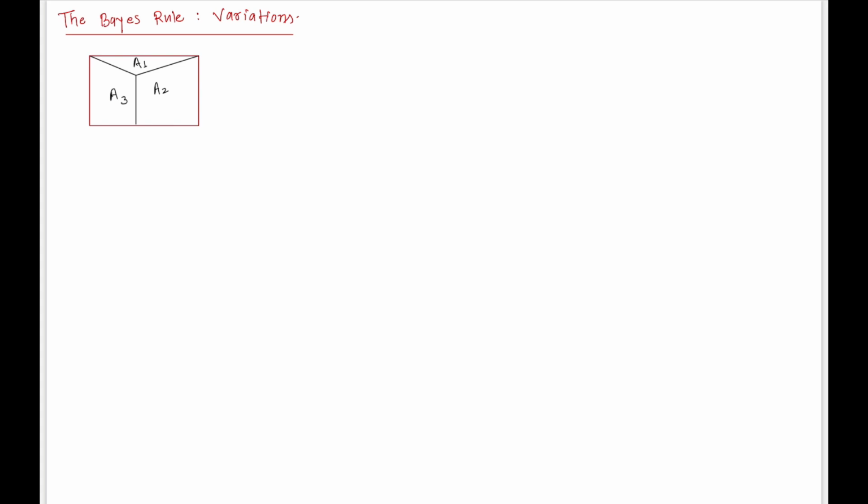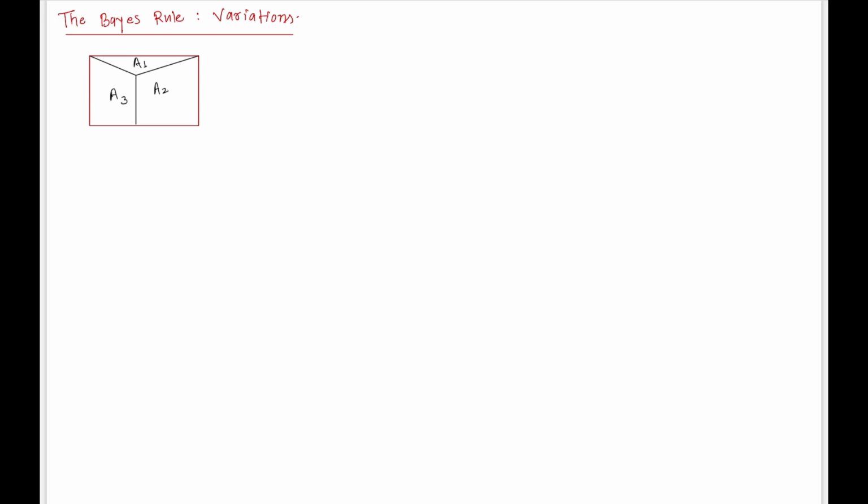That means we are inferring the discrete random variable while observing the continuous random variable. So this is the case where we usually use the Bayes rule, and the Bayes rule will have the variation of discrete as well as continuous.